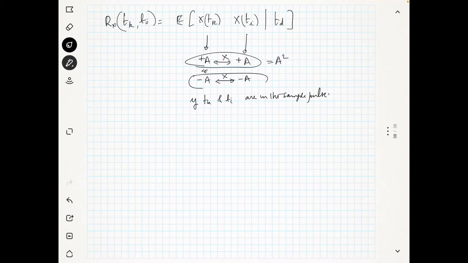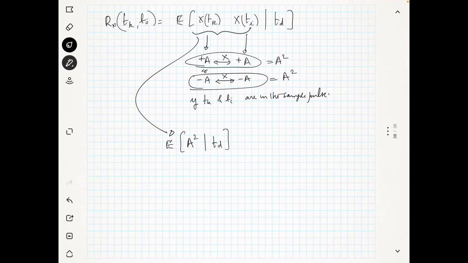Again here also, if you take the product minus A into minus A, again you will be getting A square. So whatever be the value, you will be getting the product as A square. So the expected value of A square given td.